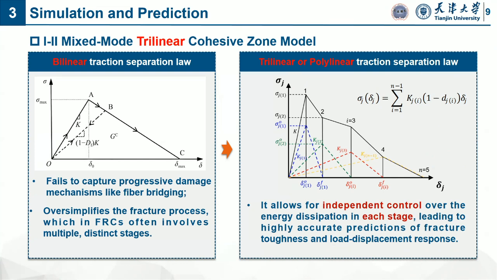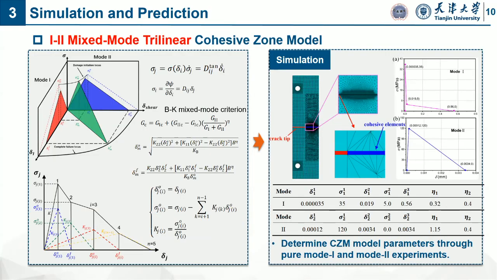So a trilinear or polylinear traction separation law was employed. It allows for independent control of the energy dissipation in each stage, leading to highly accurate prediction of fracture toughness and load displacement response. So this is a mode 1 and mode 2 mixed mode trilinear cohesive zone model. This is the equation for this model.